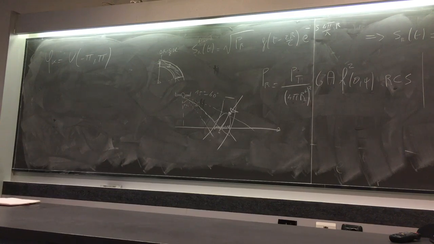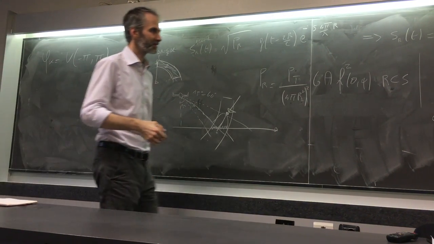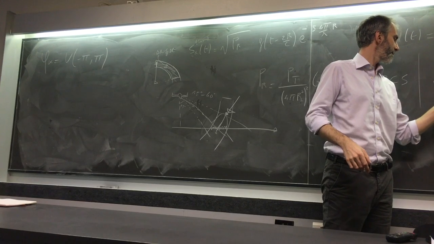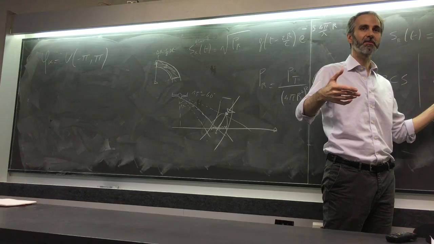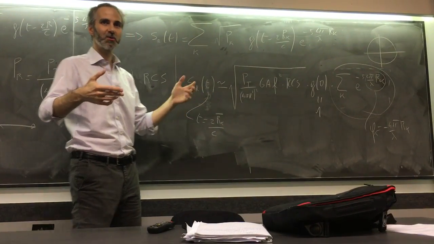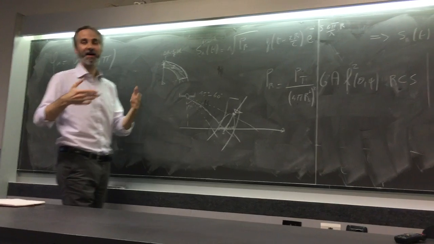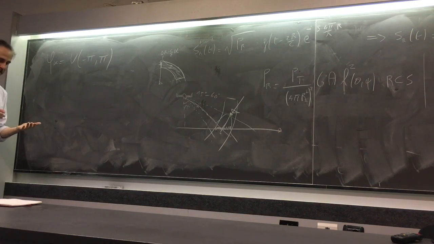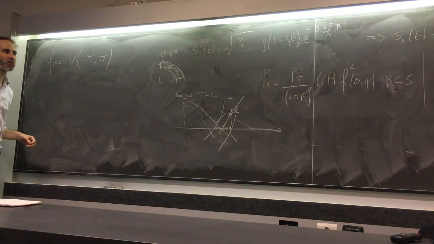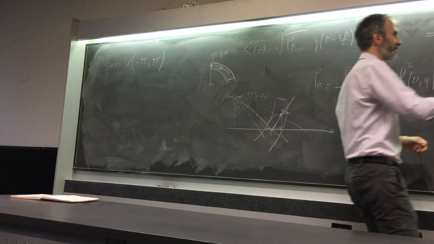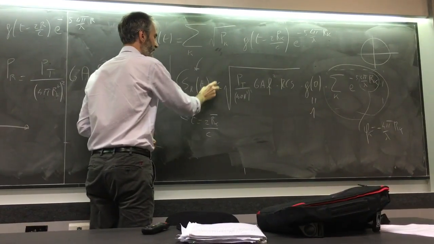So your signal is also a random variable. And so it makes sense to characterize it in a probabilistic way. And so, for example, what do you think is the distribution of your signal here?